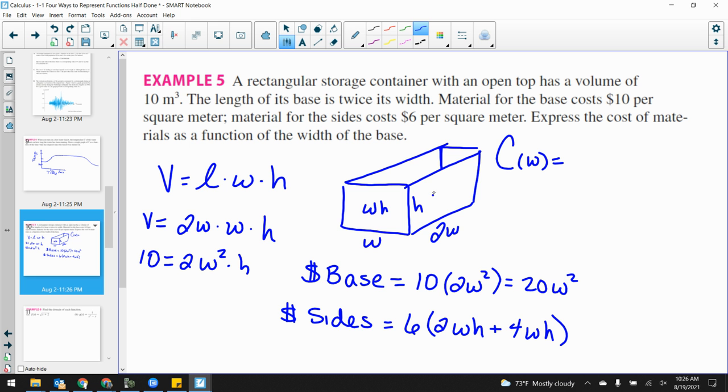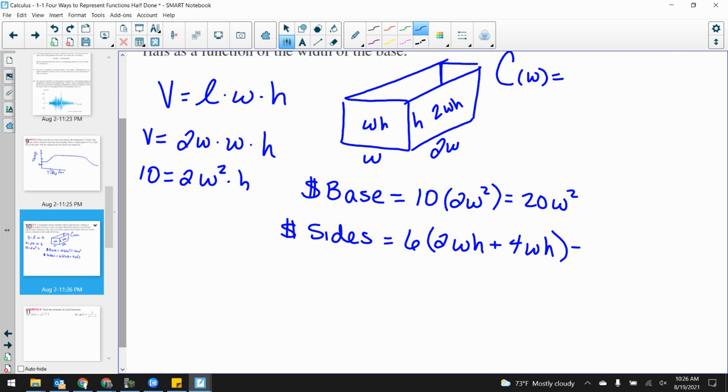This side is 2WH, 2W times H. So I need two of these. That's where I got my first 2WH. And then I need two of the sides, left side, right side. So 2 times 2WH. So all in total, 6 times 6WH, or in other words, 36WH.